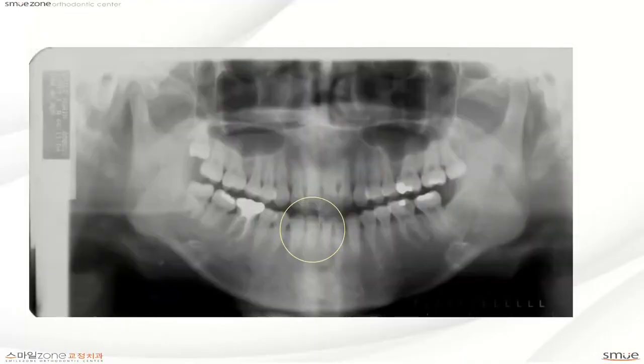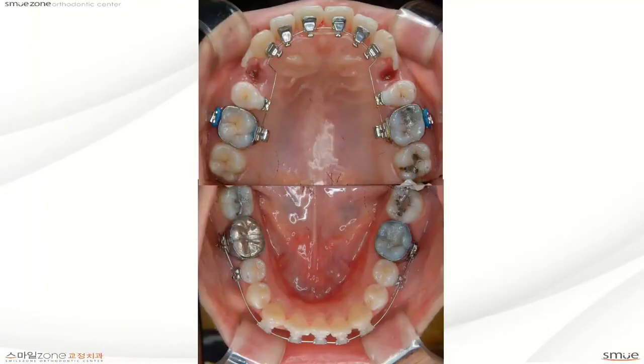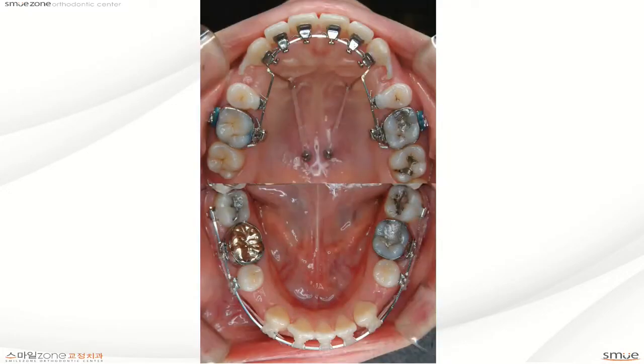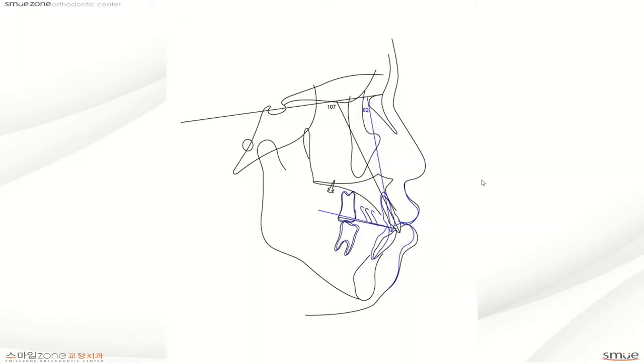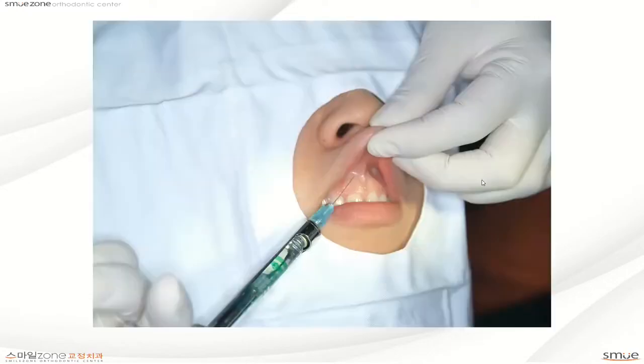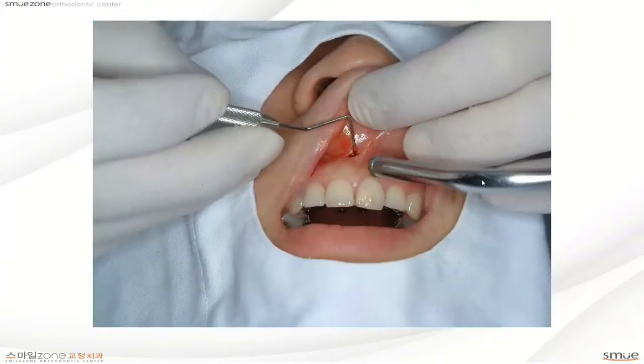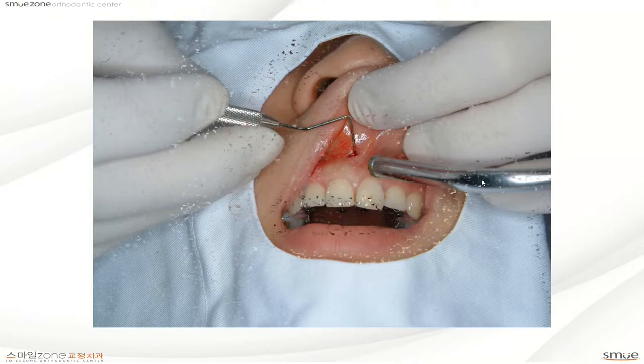Yeah, protrusive profile and gummy smile, so we did extraction and retraction with the help of miniscrews, and finally the gummy smile was not corrected, so we put a miniscrew inferior to the anterior nasal spine, and we have to cut, and we place the miniscrew by the so-called closed method.